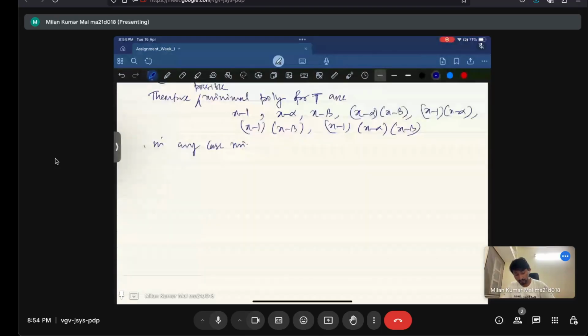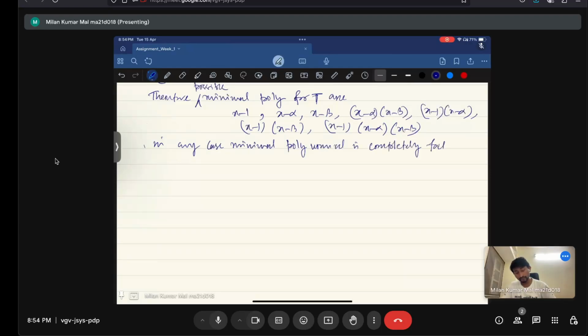In any case, the minimal polynomial is completely factorized into linear factors and is a product of distinct linear factors.